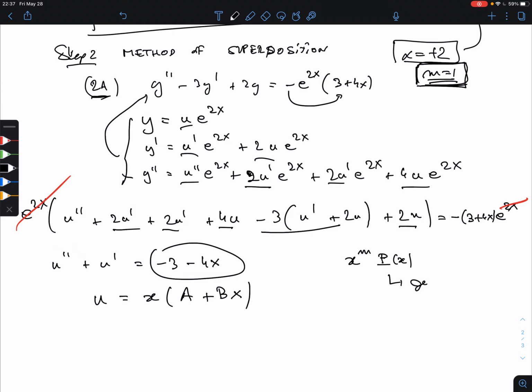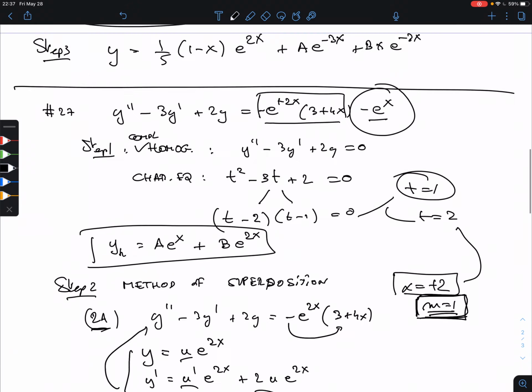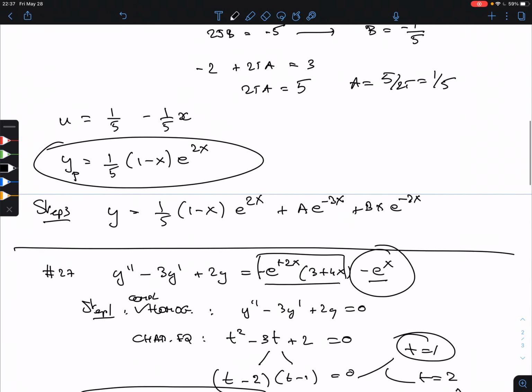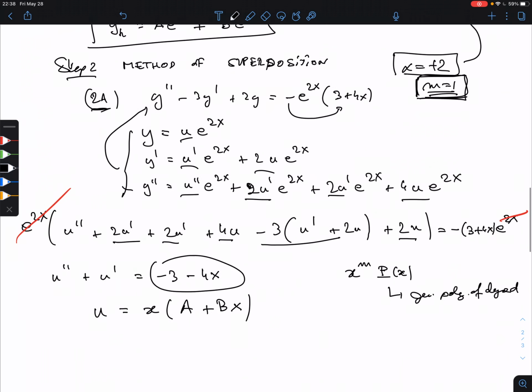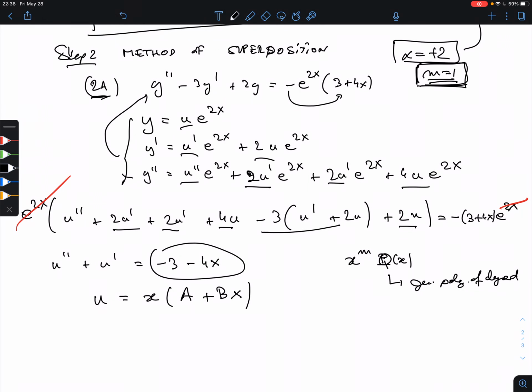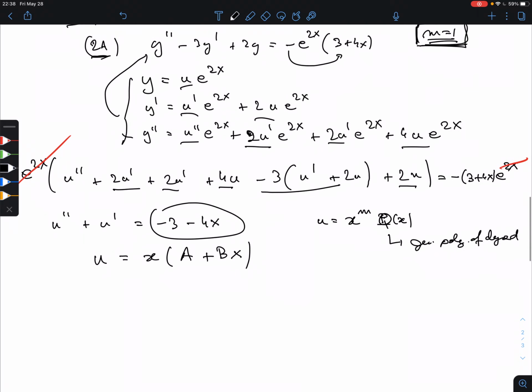If the degree of p is d, then here this would be a general polynomial, let me call it q. So u is of this form, and this also has the same degree. Here the multiplicity is 1, so that's why we have the x here, and then a plus bx, because the degree of the polynomial that we left is degree 1.